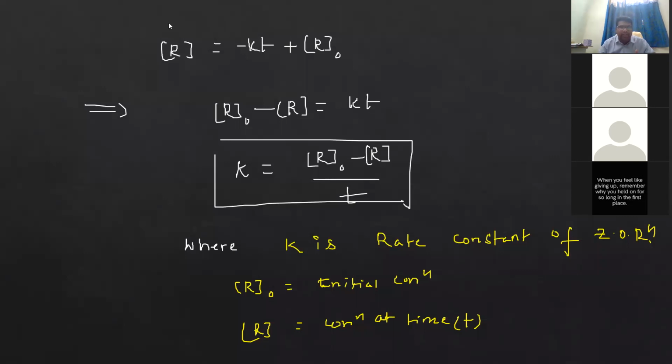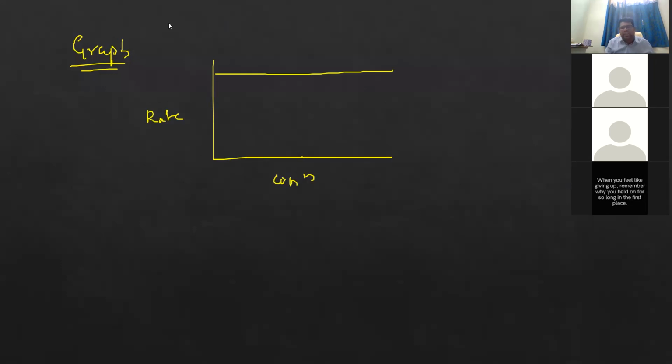Yes, sir. Okay, good. So next, what are the graphs? Why does the rate of the reaction remain constant throughout the reaction? Why does the rate of a zero order reaction not depend on time? It will be clearly understood by the graph. When the graph is drawn between rate versus concentration, the rate does not change with concentration.